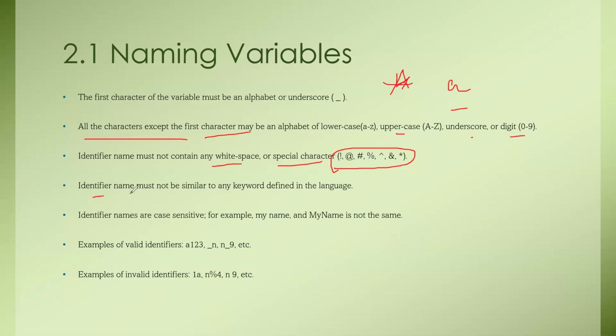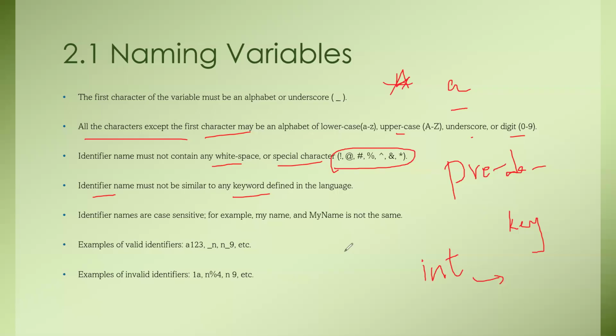The identifier name must not be the same as any keyword defined in the language. Python has some predefined keywords, right? Any scripting or programming language has its own keywords. Like in Java, int is one keyword. We never use int as a variable name.